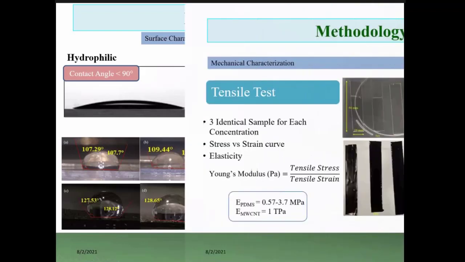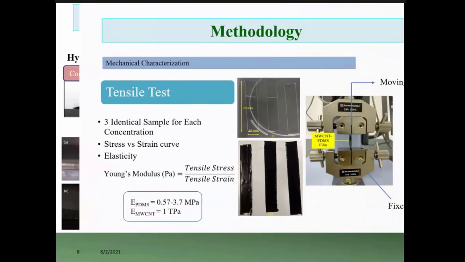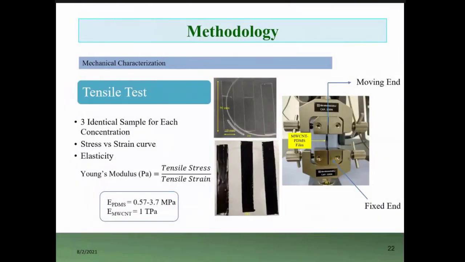Now, in mechanical characterization, the tensile test was performed to check the elasticity or the flexibility of the film. This test was performed because we are depending on the change in resistance due to the bending, so the film should be very flexible.